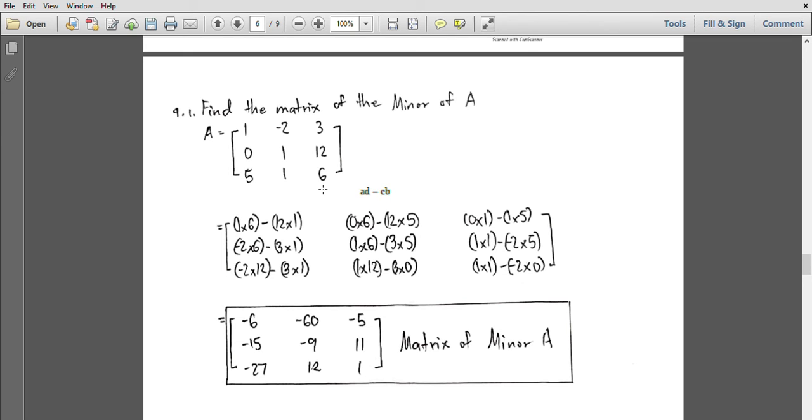Then last, for this element 6, these are its A, B, C, D. Then using the formula AD minus CB, we have 1 times 1 minus negative 2 times 0, which is equal to 1. And these are the matrix of minor A.